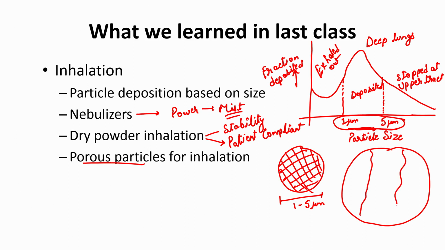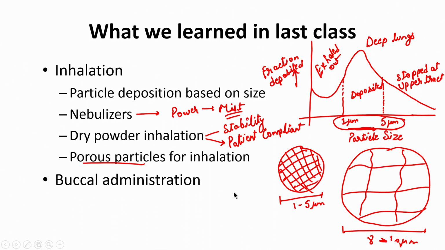So, very loosely bound, and that then is starting to play around with the density of this particular particle, and because of that you can then increase the size range to let us say 8 to 10 micron and still have the same effect. So, that is what we discussed.